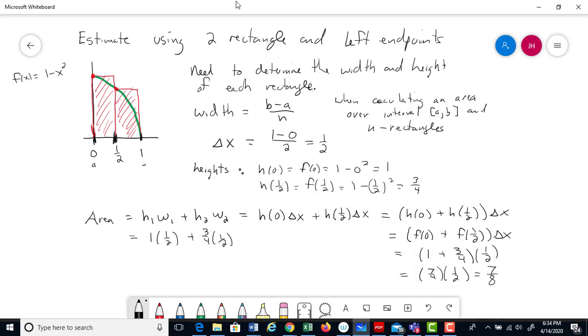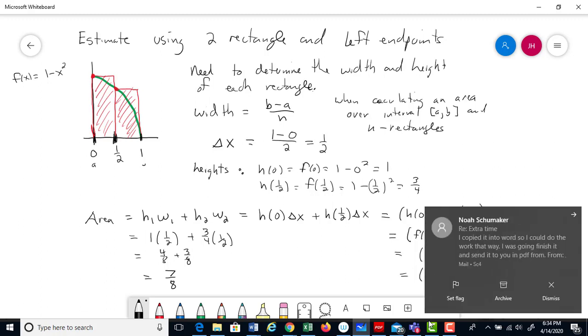And when you add these up, this is 1/2, which is 4/8, plus 3/8, so we get 7/8. So that's about the area underneath the curve.